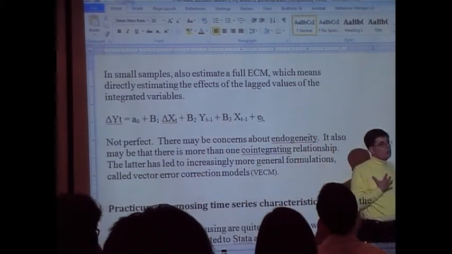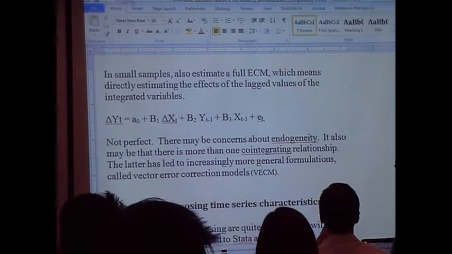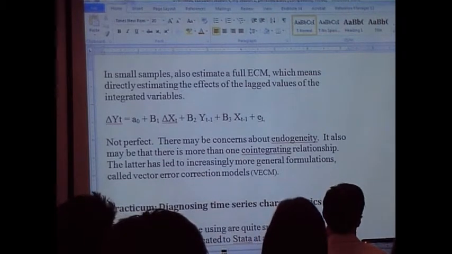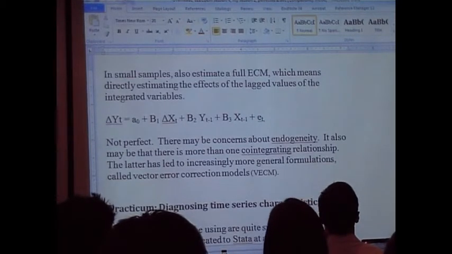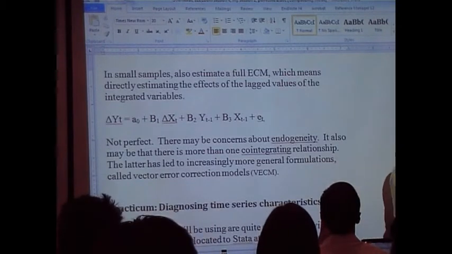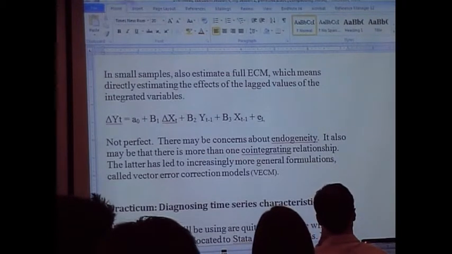What I always do, I always estimate it both ways. This is called one step, the other one's called two-step. This is called the direct estimation, the other one's a two-step estimation, Granger two-step. I do them both. It's not uncommon when you're dealing with really finite samples, like you have 25, 30, it's not uncommon for me to find close error correction, close co-integration effects in the two-step.